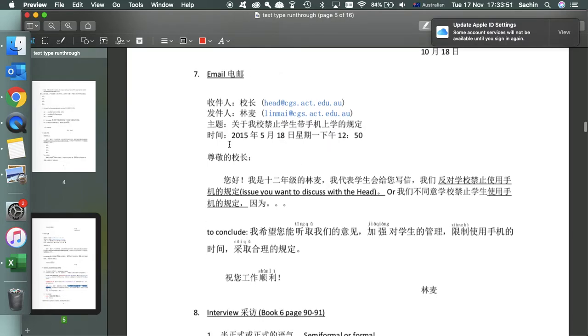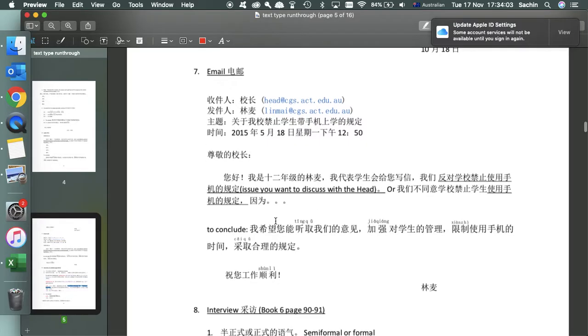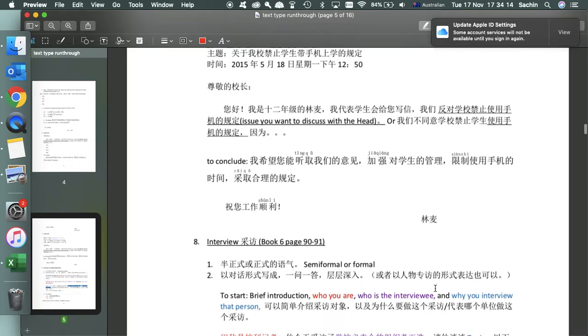And then you respectfully greet whoever you're emailing. Intro is mentioning the issue, and then giving your arguments, and then concluding the same way as a 建议书. It's like, I hope you consider my suggestions or perspective. And of course, end with 祝您工作顺利, and then put your name down there.